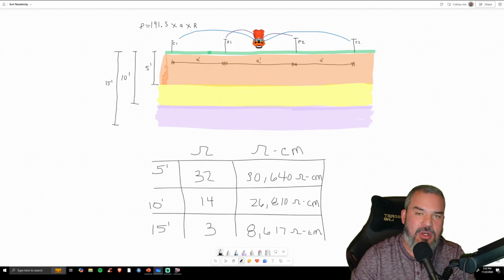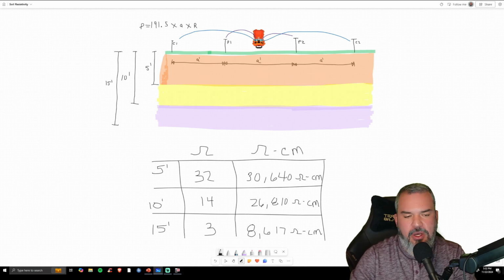Matter of fact, I know it is. In other words, it had to be to get that average down, okay? And so I'm feeling pretty good about that 15-foot range to put my anodes in. I'll probably design my CP system to go into that layer specifically, and I bet you it's going to yield better results than certainly at the 10-foot mark or that 5-foot mark.